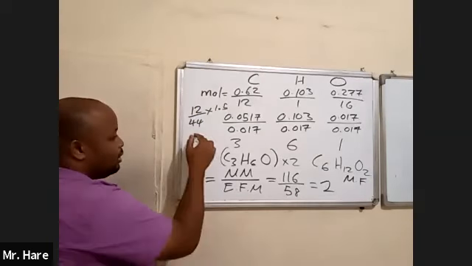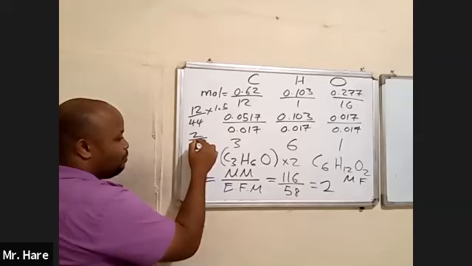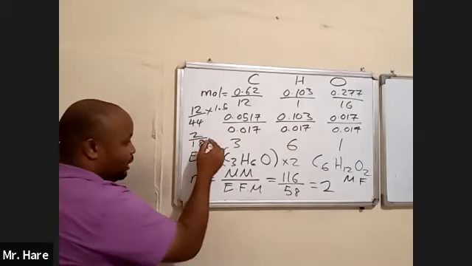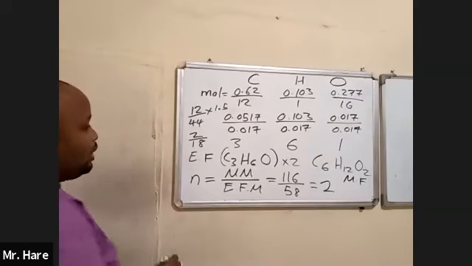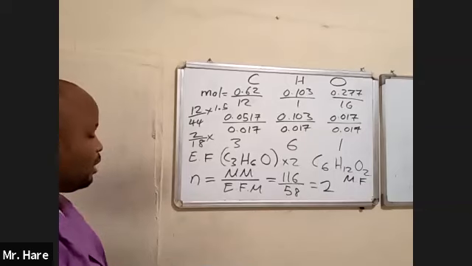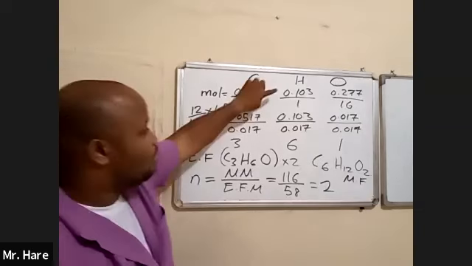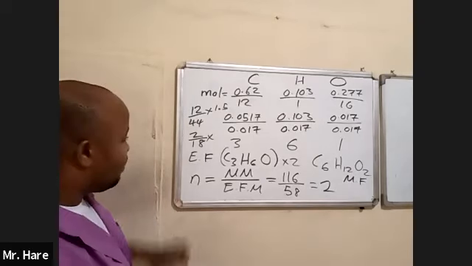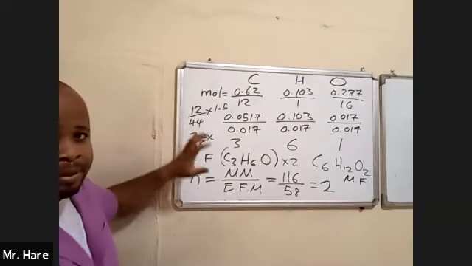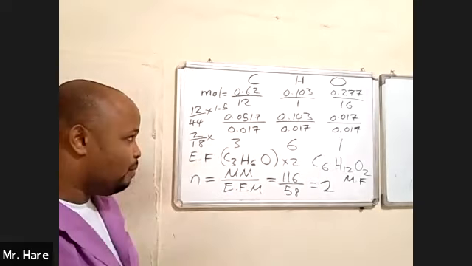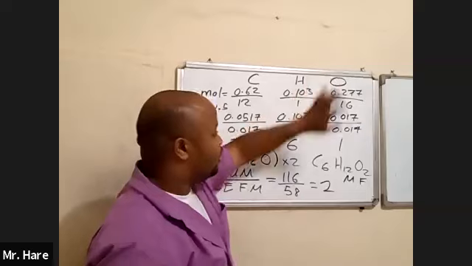For hydrogen, it is 2 over the molar mass of water, which is 18, so 2 over 18 times the actual mass of water given. And then for oxygen, you add up the mass of hydrogen and carbon and subtract it from the mass of the sample. That is how we get oxygen.